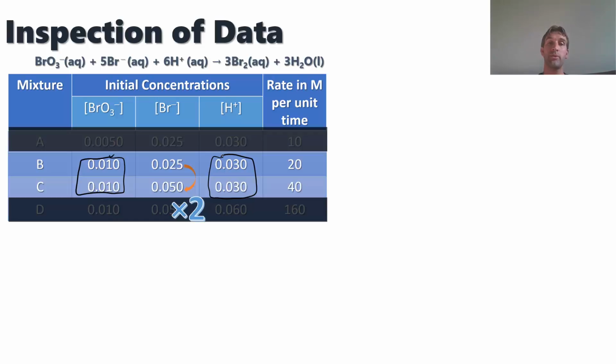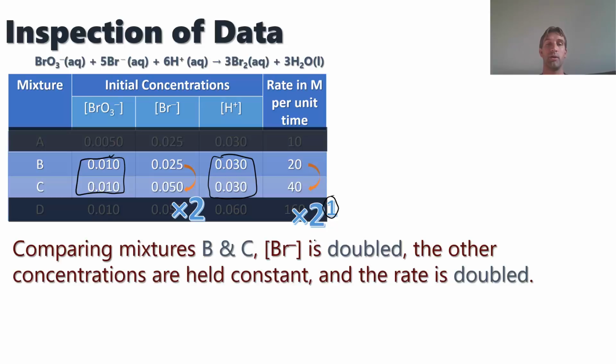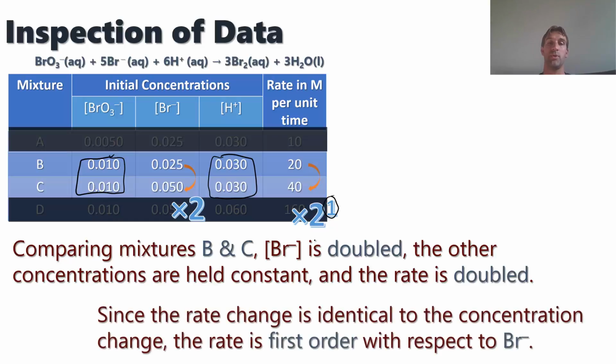And when you compare the rates, we go from a rate of 20 units to a rate of 40 units. So what we're doing is, again, doubling. This shows us that we have 2 to the first power as the change to rate, so it's first order. If I'm doubling the concentration and I double the rate, we have first order change. We would say that this is first order with respect to bromide.